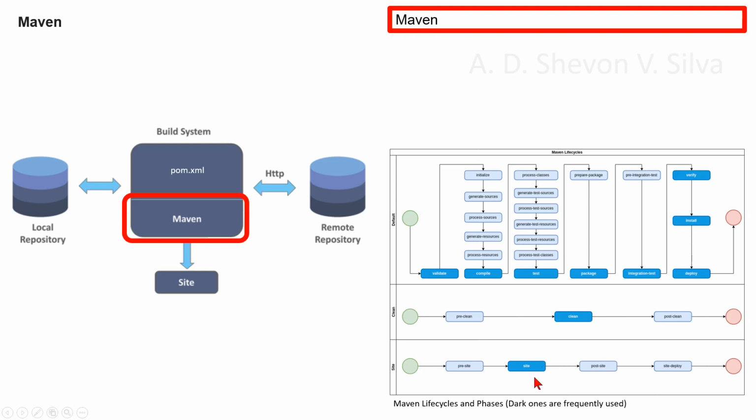Generate the project site documentation here, site, and post site: execute processes needed to finalize the site generation and to prepare for site deployment. Site deploy: deploy the generated site documentation to the specified web server. And here you can see the phases.